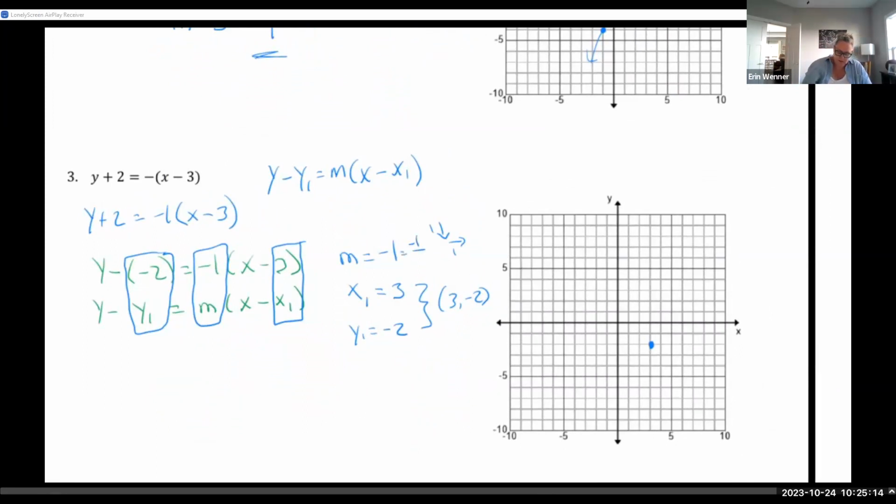So I'm going to come down 1, right 1 and get to my next point, and then I just stair step using that slope. The nice thing about doing these by hand is it allows you to see, oh, there's a nice line there of all of these points. And so then we can connect them.